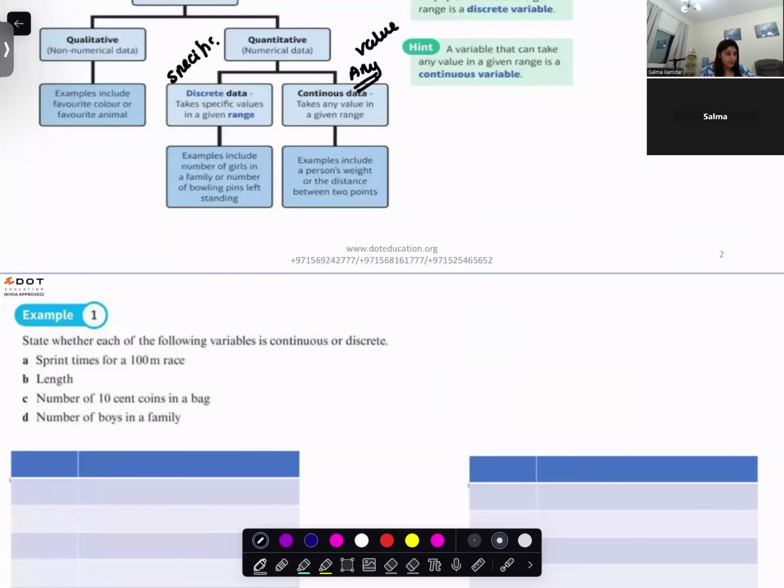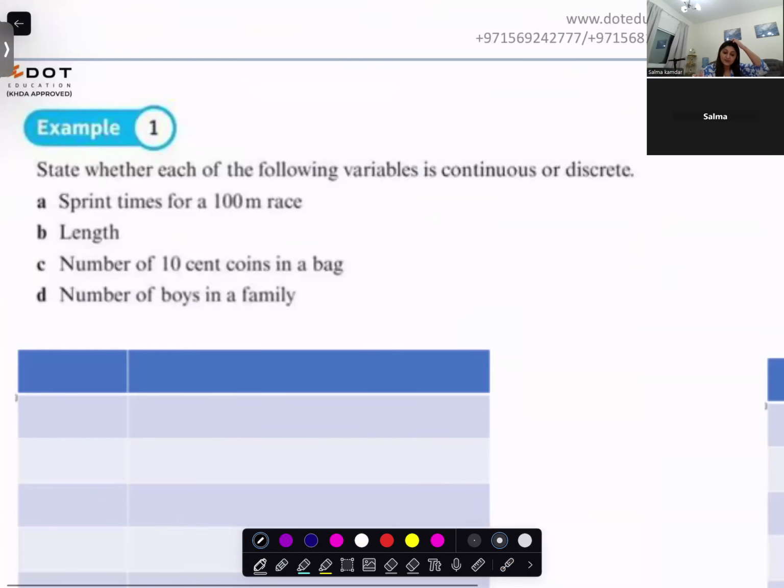Let's take our example one. We have some questions over here, and we have to say whether each of the variables is continuous or discrete. Just for your reference, discrete is going to take specific value, and this can take any value.